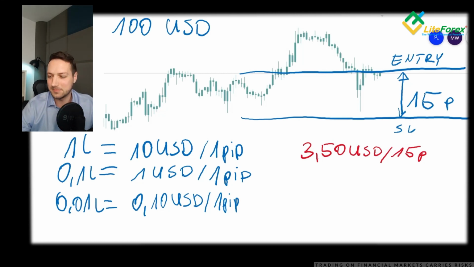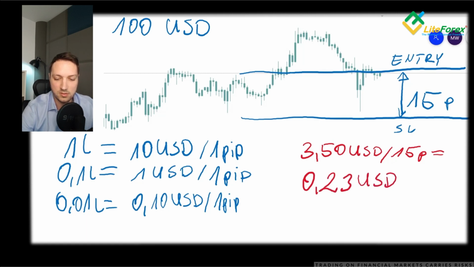It equals 0.23 US dollars, which is 23 cents per pip, but to calculate the volume we need to round it down, so it will be 0.02 lots for this particular trade in this situation.